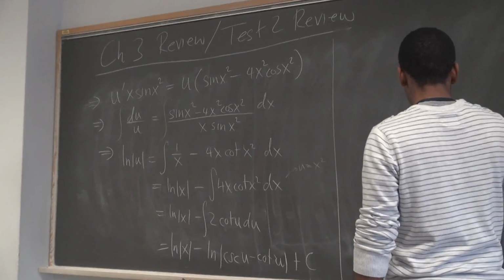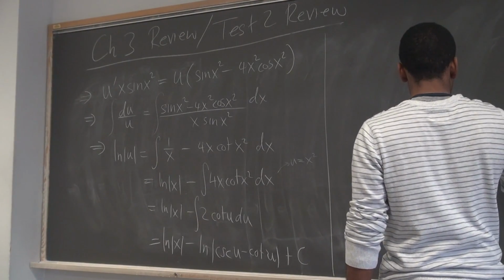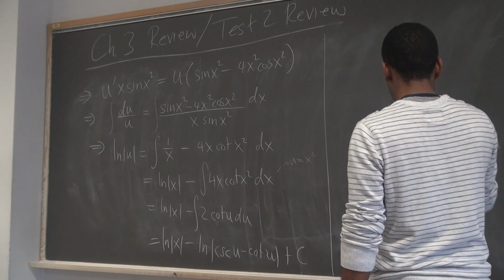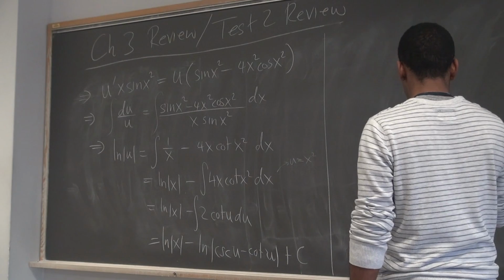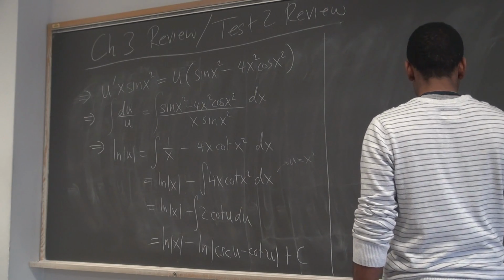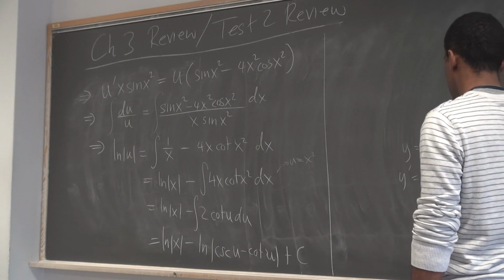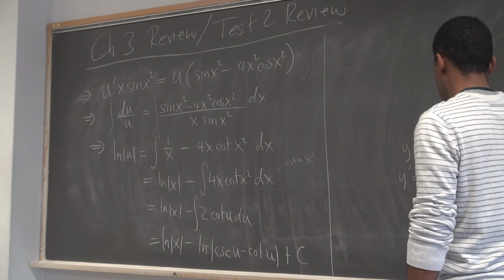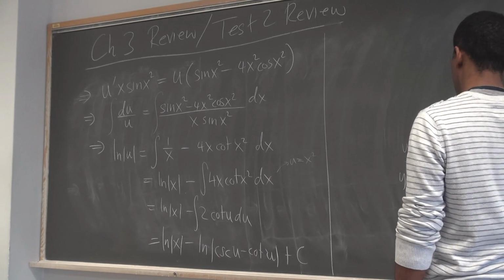Right? If we differentiate ln of cosecant minus cotangent, that's our y. The derivative would be what? 1 over this, cosecant u minus cotangent u times the derivative of this. What's the derivative of cosecant? Minus cosecant cotangent minus derivative of cotangent.